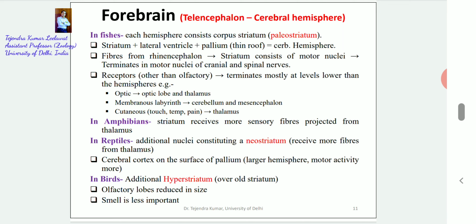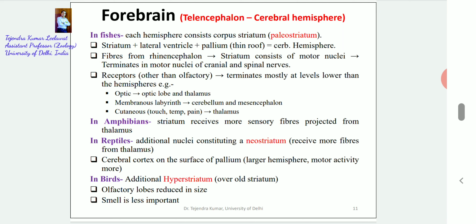Striatum plus lateral ventricle plus pallium form the cerebral hemisphere. As I discussed in the previous diagram, some pallial structures are also present. So what is the pallium? The pallium is the thin roof present here. Striatum is most important, and it changes during evolution.